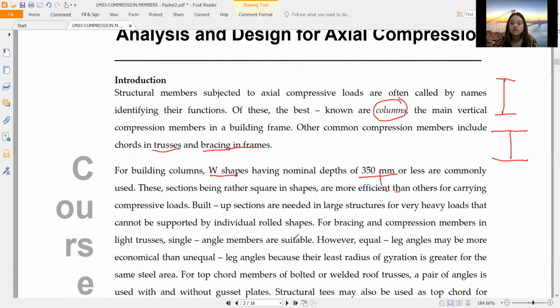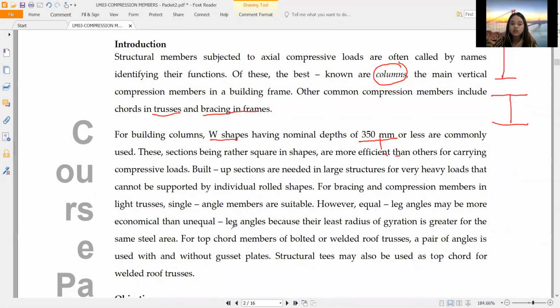So for your trusses, we can use a single angle or we can use double angles with equal legs or unequal legs, whichever is economical. Okay? And for us to know the most economical section, it is the least radius of gyration.